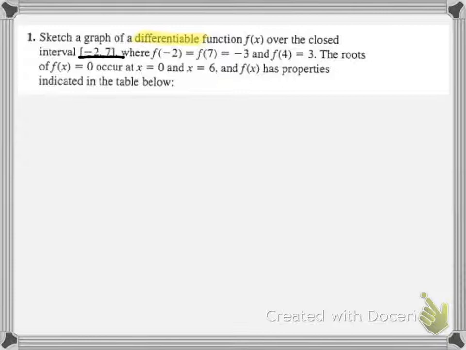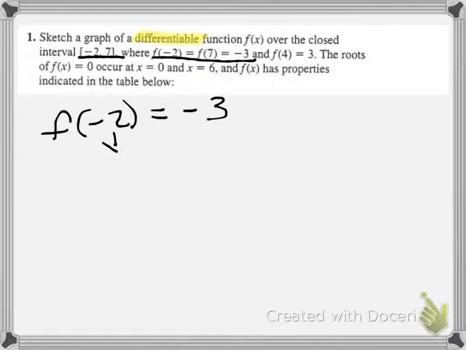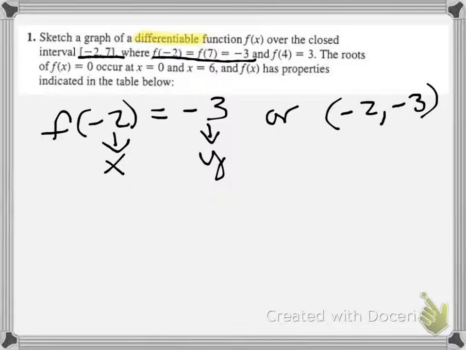That's my interval. So my graph is not going to go past -2 and 7. Also, this part right here is telling me that f of -2 equals -3. This is telling me when my x value is -2, my y value is going to be -3. Or in other words, it's just the ordered pair -2, -3.